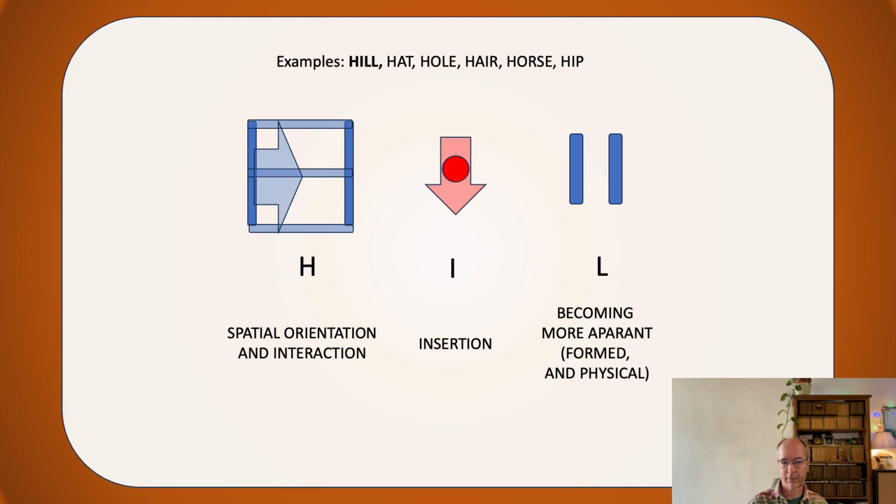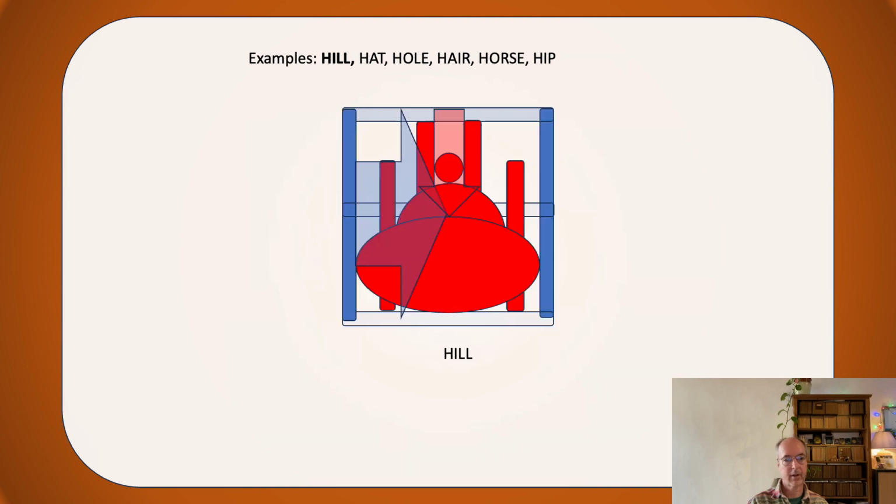The E is of course the insertion, and the L is of course making it more physical, making it more apparent, giving it more form. So let's form in that way this combination H, E, L and again L. Then we will get to hill.